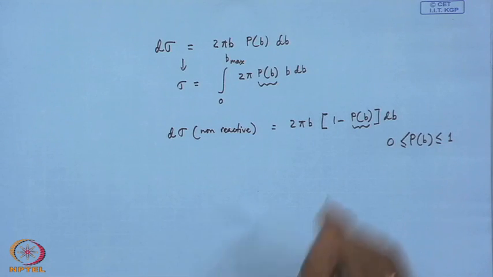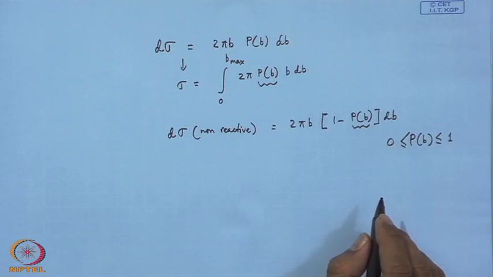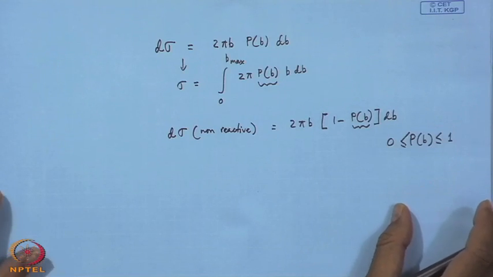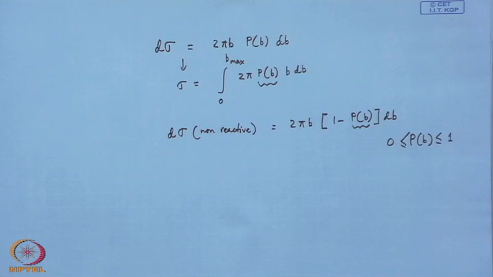So this represents the probability that the reaction will not occur, the collisions which are ineffective. So the non-reactive cross section may be written in this fashion.